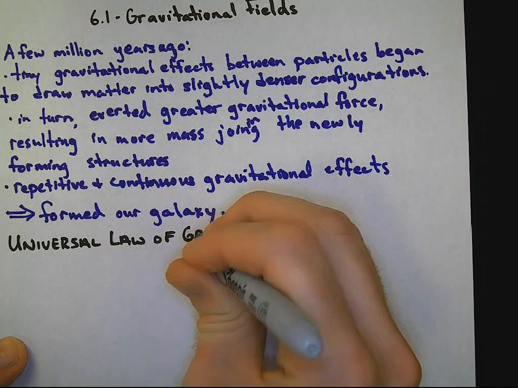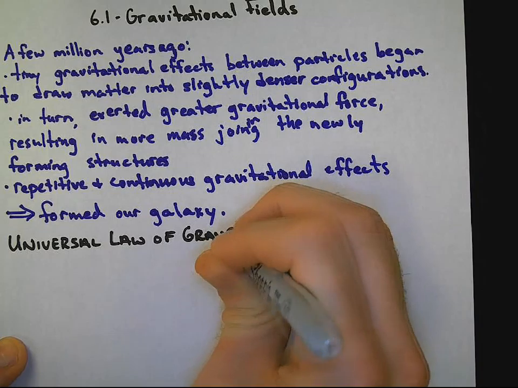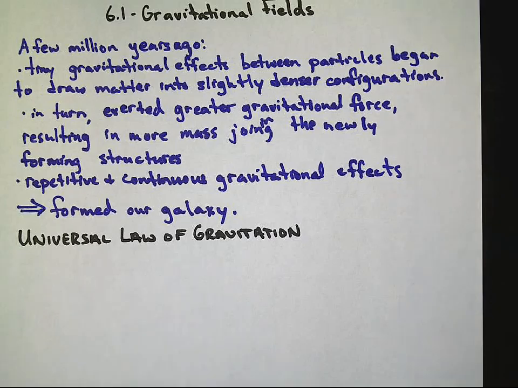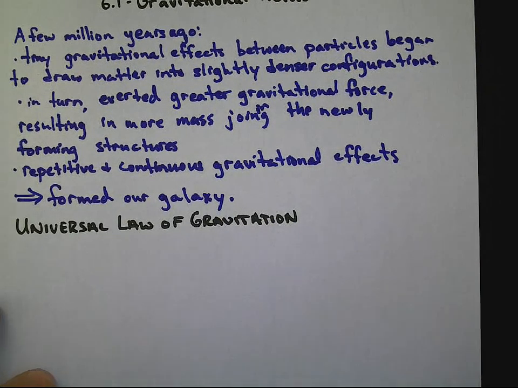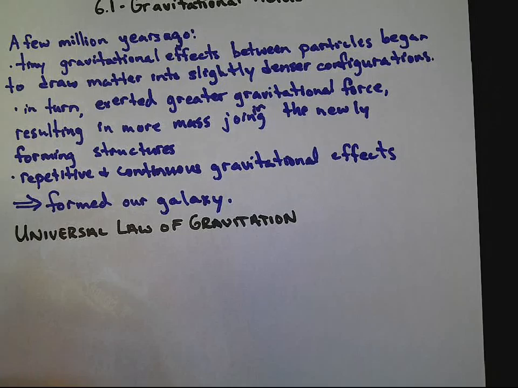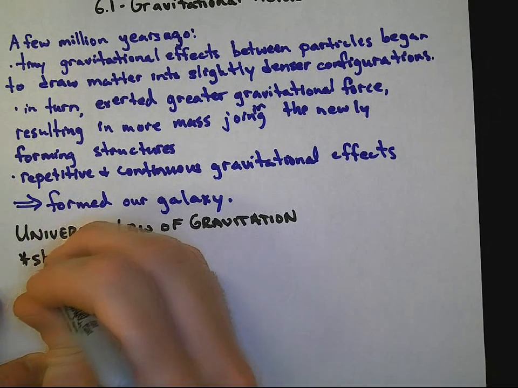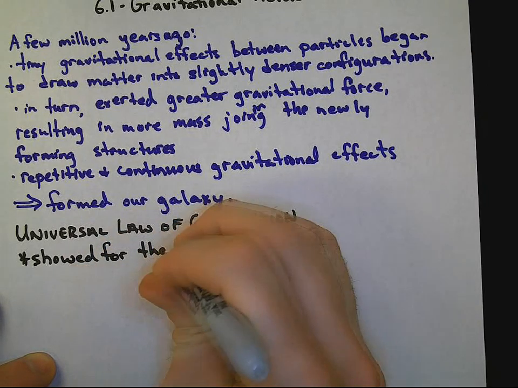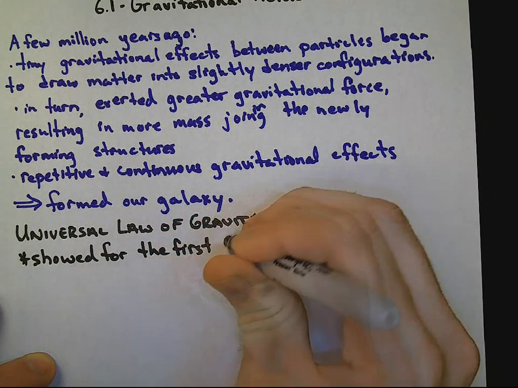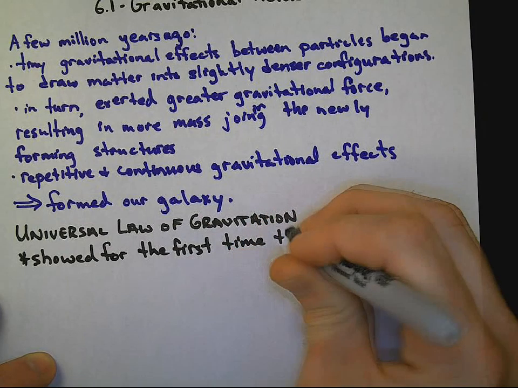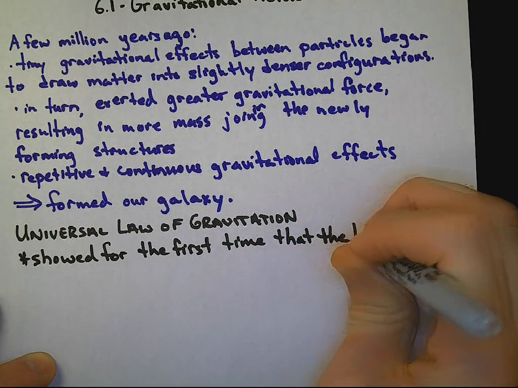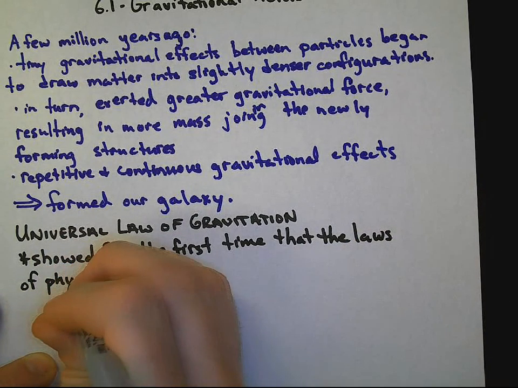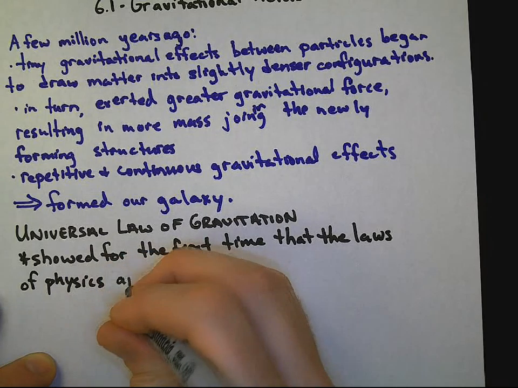And this is hugely important because it gives us a really important result. The universal law of gravitation showed for the first time that the laws of physics apply to all objects.